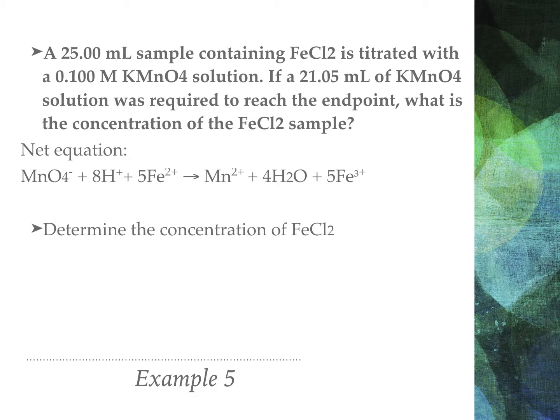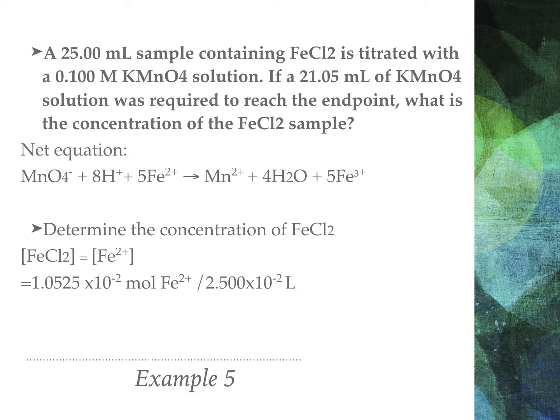Now we can determine the concentration of the iron chloride sample. Since we have determined how many moles of iron are used to react with the permanganate, and the molar ratio of iron to iron chloride is a 1-to-1 ratio, we can use the previous calculations to determine the concentration of iron chloride by finding it in moles per liter.